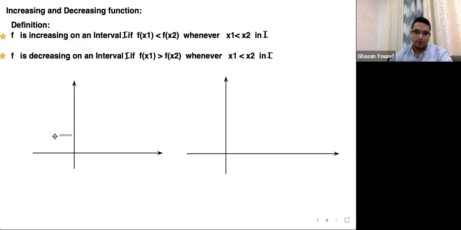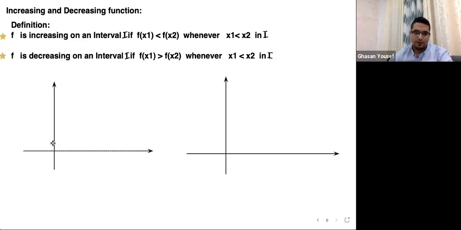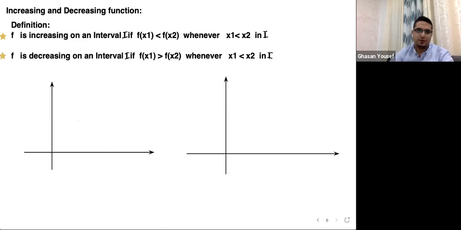Suppose my graph for the first one looks something like this. This is the increasing function. And for the second function, something like this. This is the decreasing function.